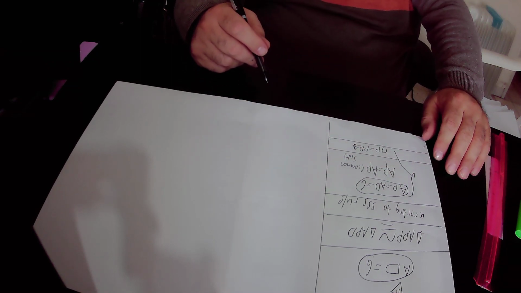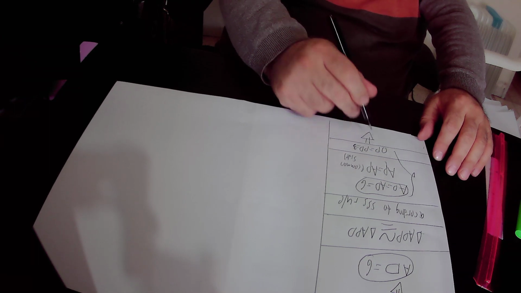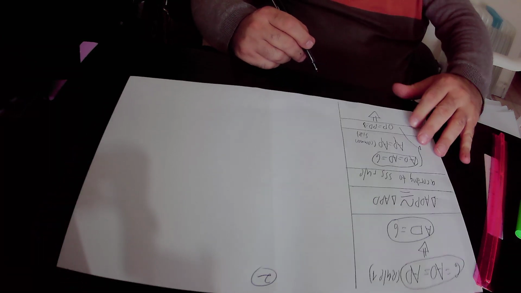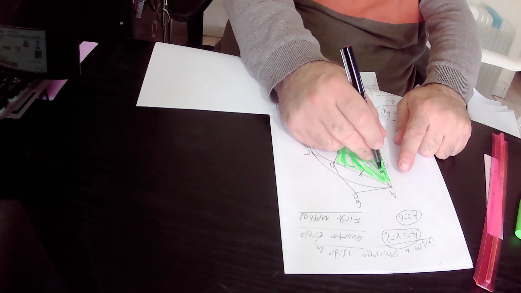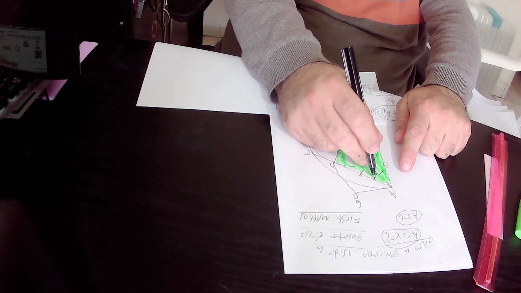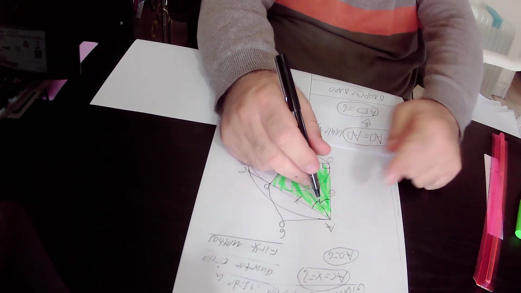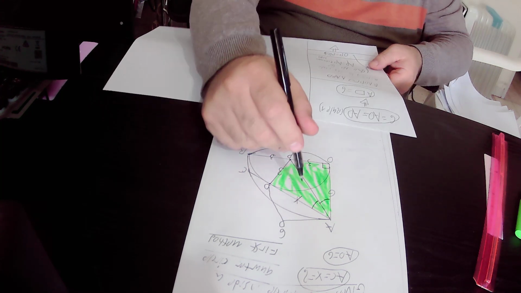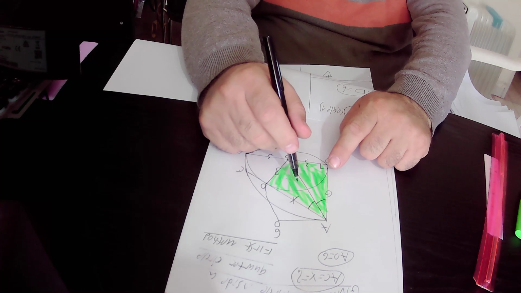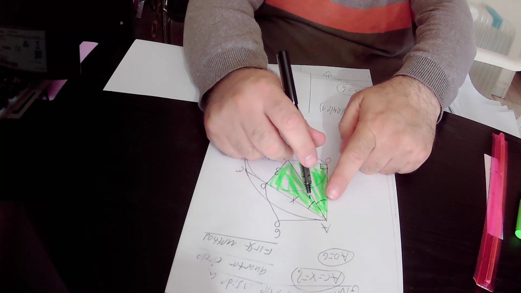Therefore, we can conclude that those 2 angles are equal to each other, according to the rule that corresponding angles in congruent triangles are equal.